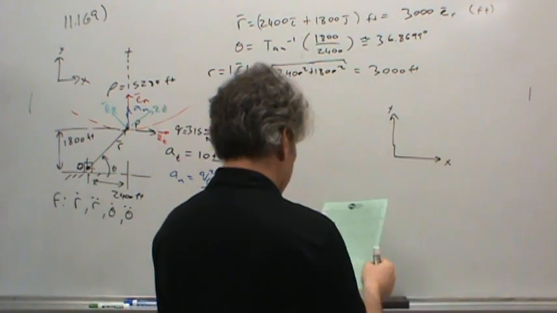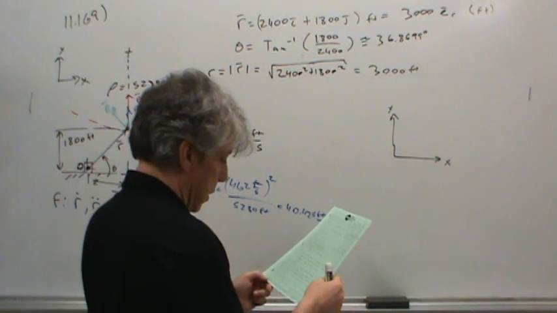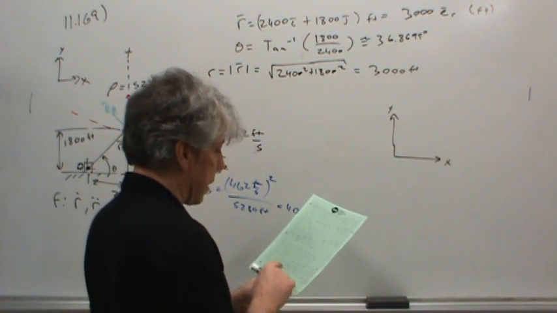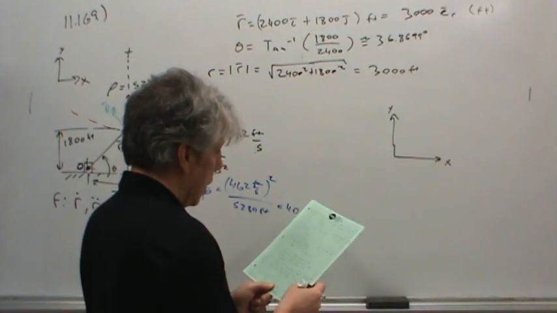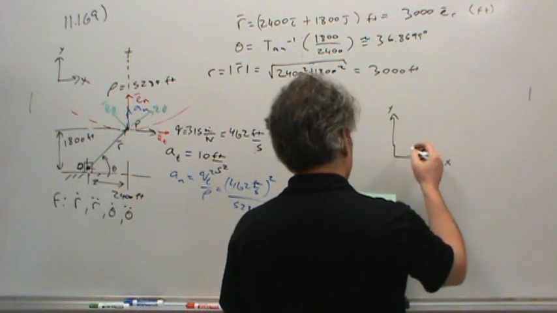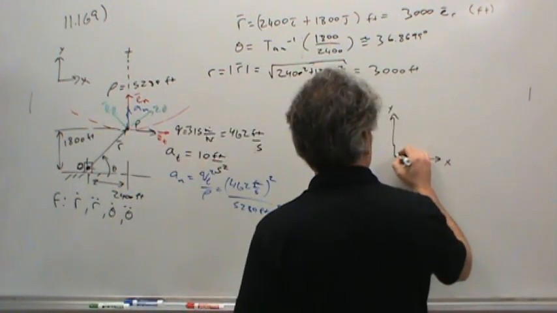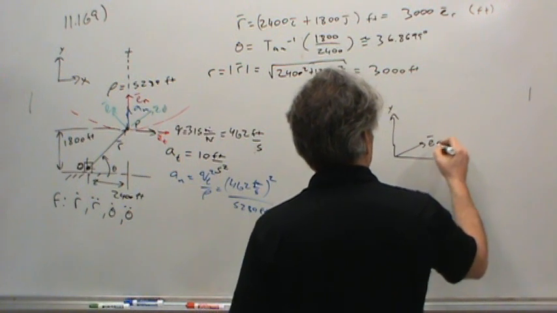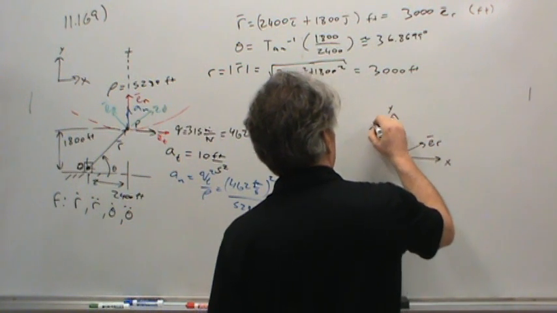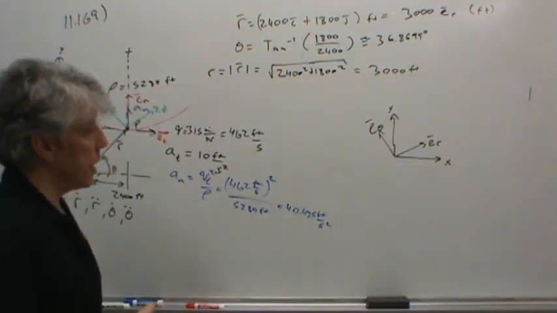And you know, I think I made a mistake here. Because theta dot, yeah, you know what? I made a mistake in my solution. I'm going to have you help me with this. I drew E theta in the wrong direction. E theta should be in this direction. And I messed up. So we'll have to go through and correct my work. But it shouldn't be too bad. So there's ER E theta.